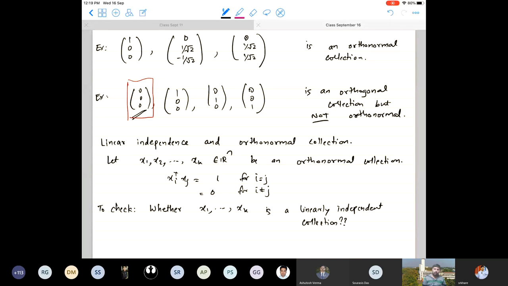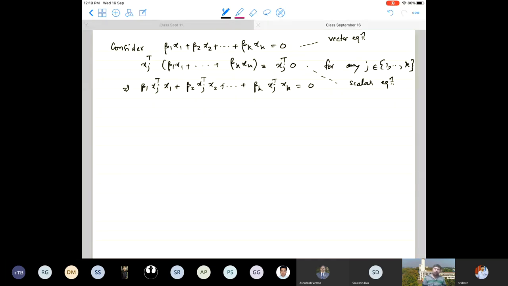We already have noted that property down here. Unless i is equal to j, the inner product is equal to 0. So this thing is actually beta j xj transpose xj is equal to 0, which means that beta j is equal to 0 because xj transpose xj is equal to 1. And this is true for any j between 1 up to k.